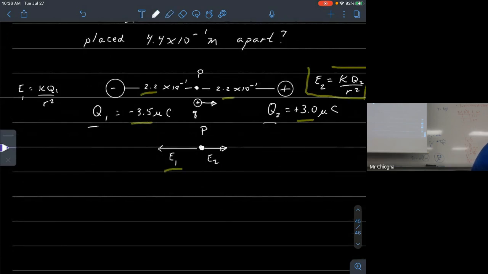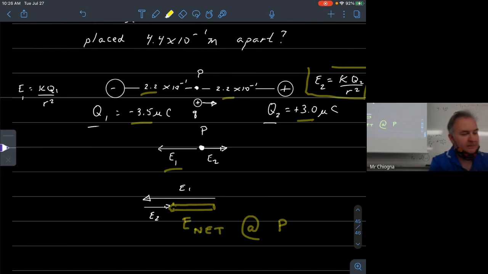So let's draw these. That's E1. How am I going to connect them? Tip to tail. These are vectors, so you can represent them as arrows. How am I going to draw the resultant? From the tail of the first to the tip of the last. That is my net electric field at point P. Now what do I have to do?